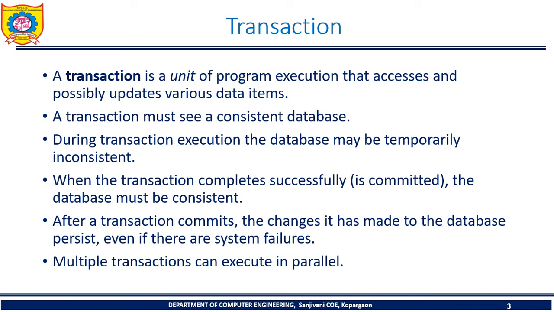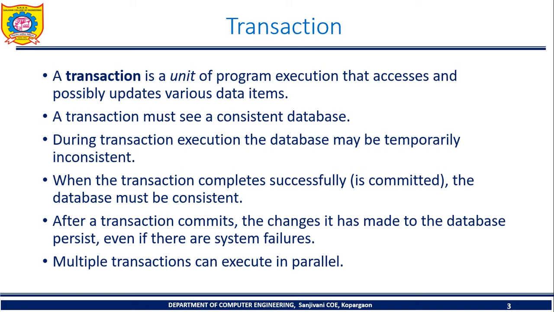Transaction. A transaction is a unit of program execution that accesses and possibly updates various data items. A transaction must see a consistent database. During transaction execution, the database may be temporarily inconsistent.